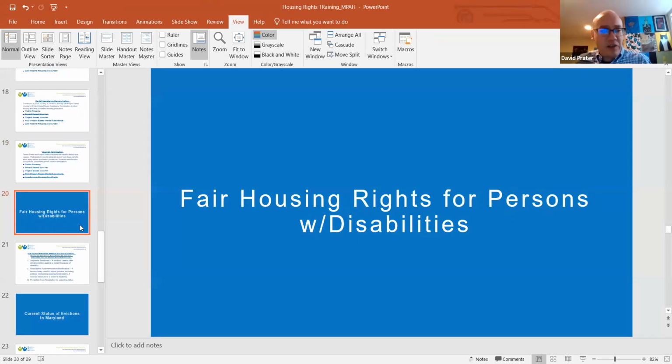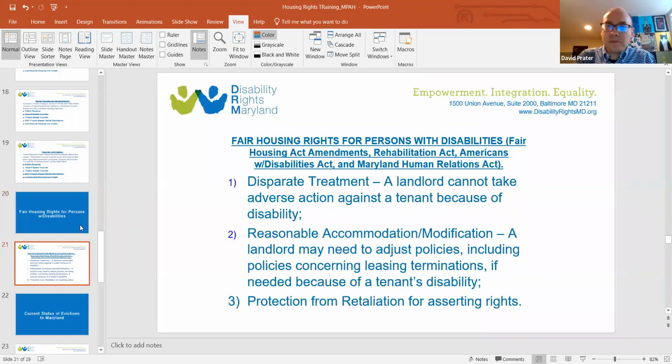Because I'm a fair housing attorney, I would be remiss if I didn't talk about fair housing rights for people with disabilities. This is the general thrust of fair housing rights for people with disabilities. A landlord cannot treat a person with a disability differently.